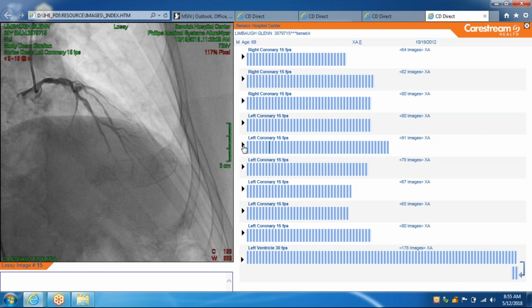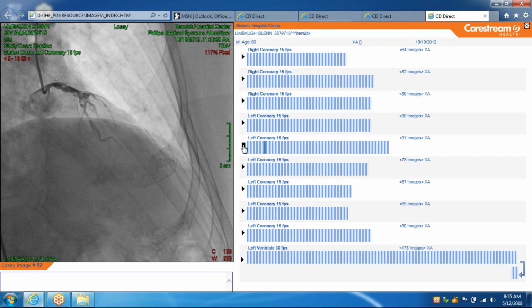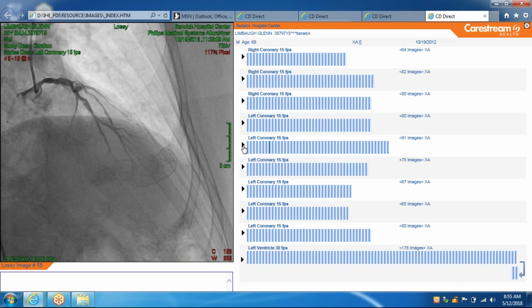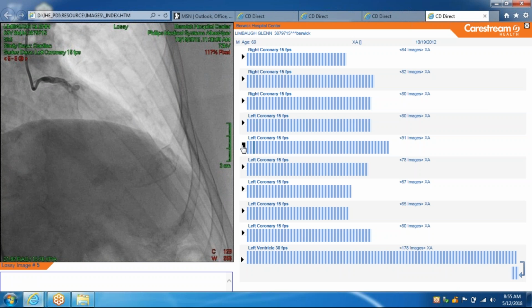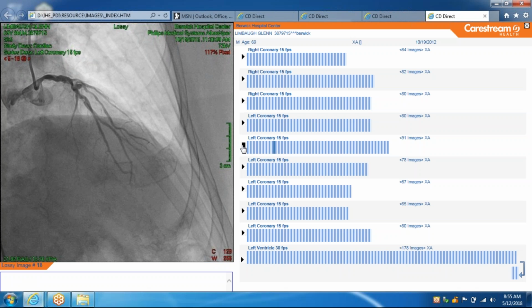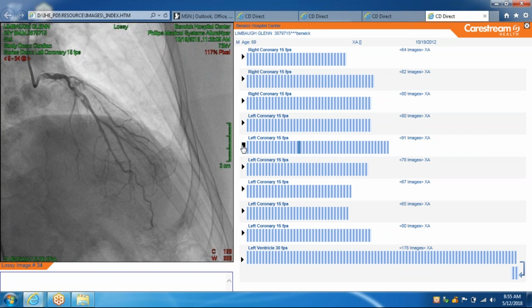So let's look. If you look closely at this point, you have to look closely at this point. There's a significant blockage. This is the LAD, and there's a significant blockage in the mid portion of the LAD. So you look closely at it, you can see, there's a significant blockage right there.